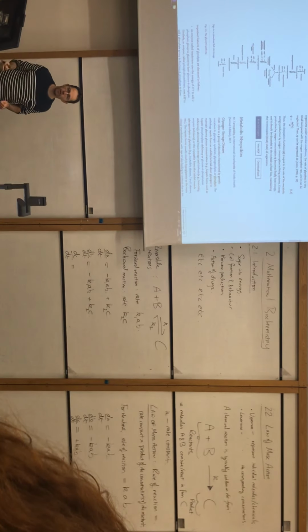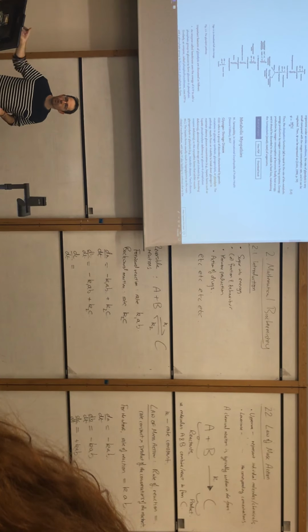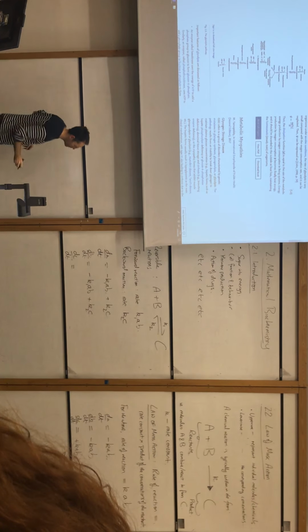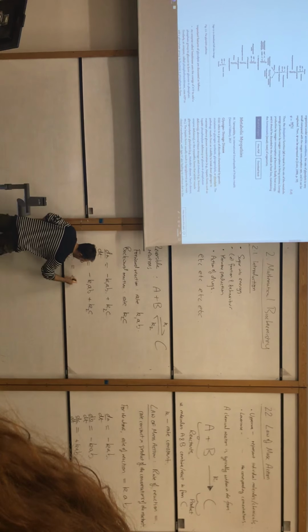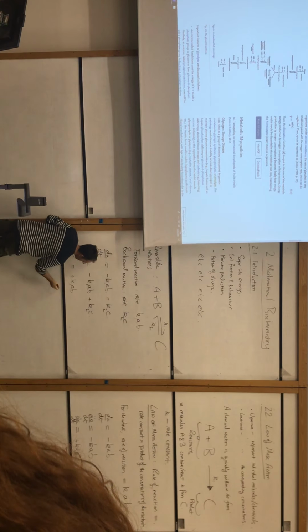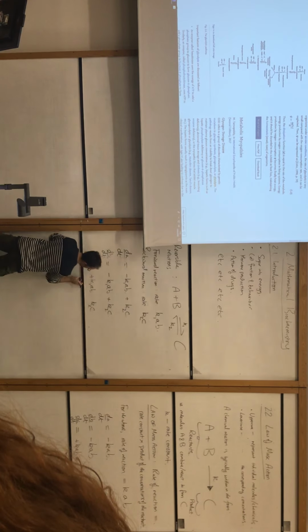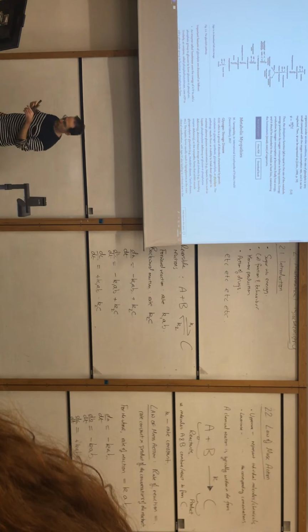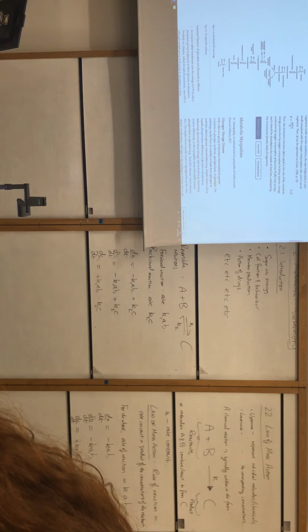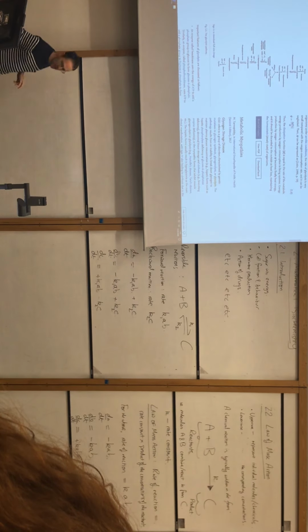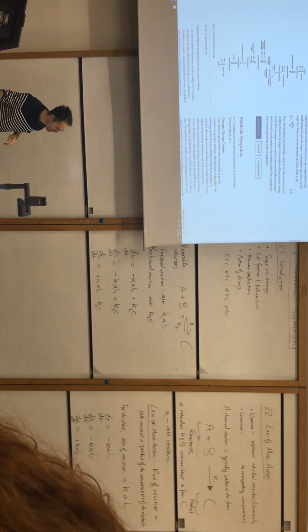We gain a molecule of C in the forward reaction, we lose a molecule of C in the backward reaction. We'll have plus k1AB and then minus k2C. So those are the first two simpler cases.